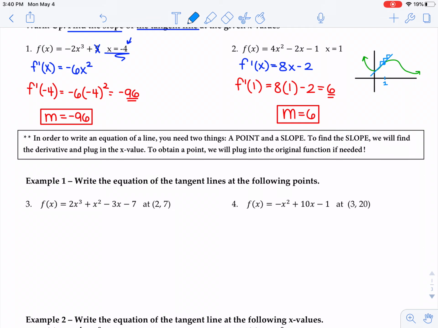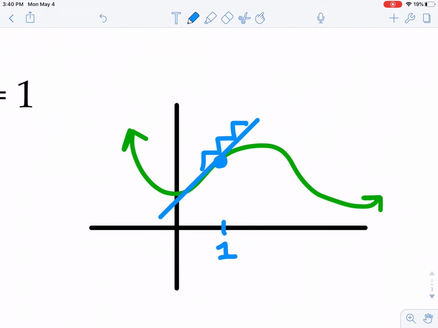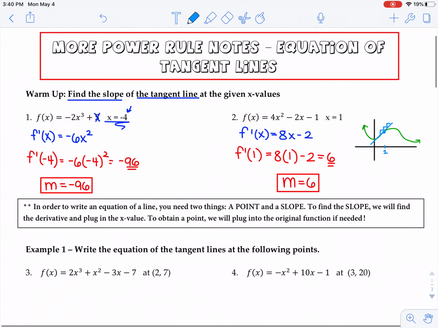And today we're going to take it a step further. We are now going to write a whole equation of the tangent line. Okay, so what I absolutely love about this is it combines calculus. The part that's calculus is taking the derivative. Plugging in a value, evaluating, that's algebra 1. Okay, writing the equation of a linear function, that's algebra 1, maybe some algebra 2.